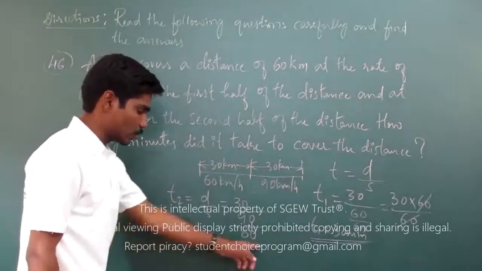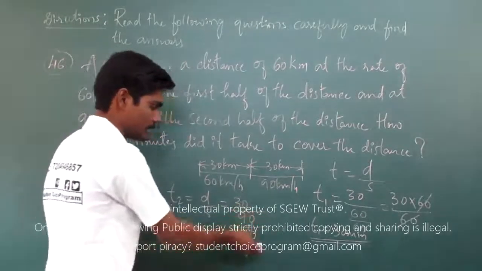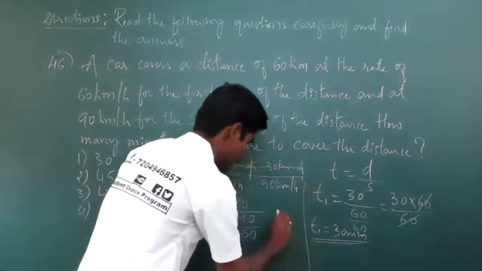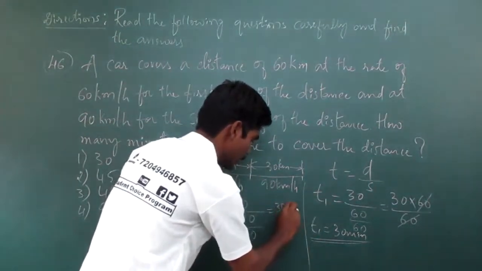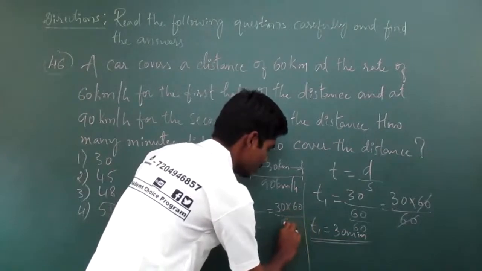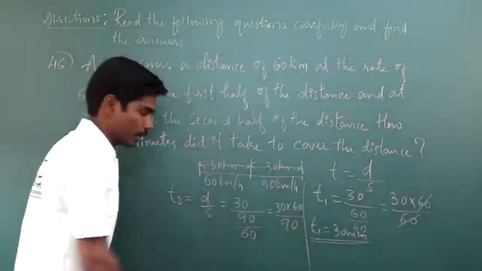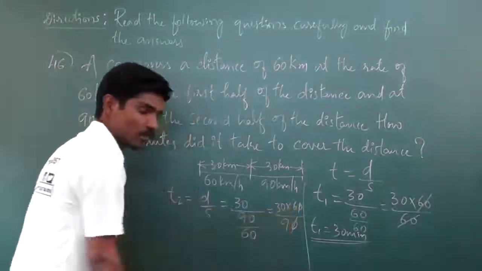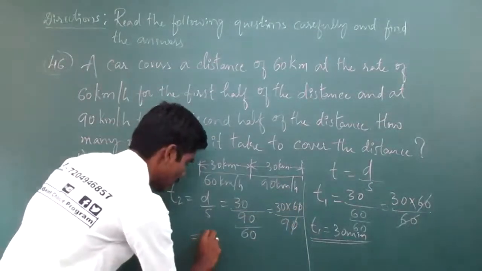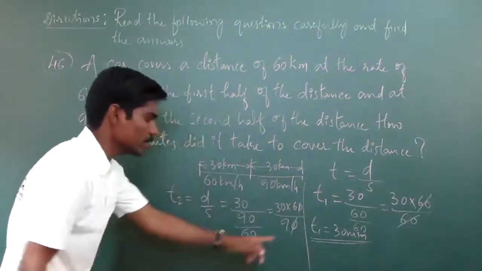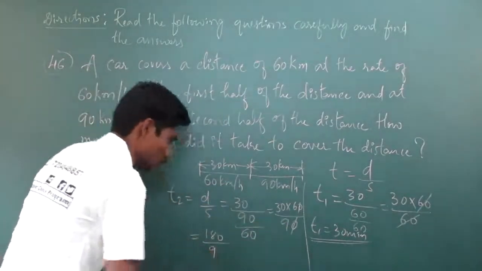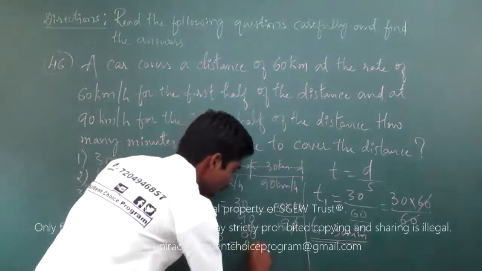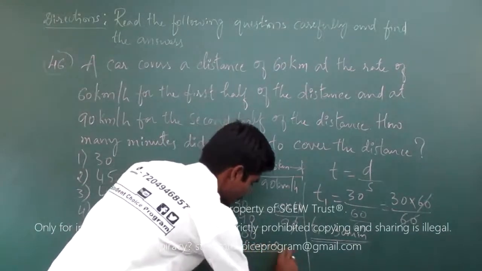Again this 60 goes to the numerator. Now let me write as 30 into 60 divided by 90. Okay. Now 0 will cancel. Now 6 into 30 is what? It is 180 divided by 9. So 180 divided by 9 is what? Of course it is 20 minutes.